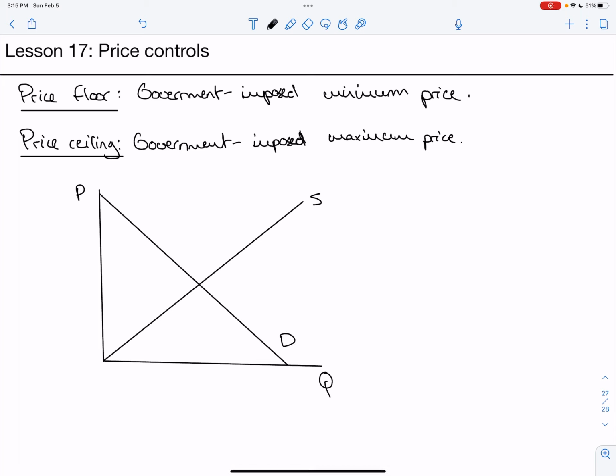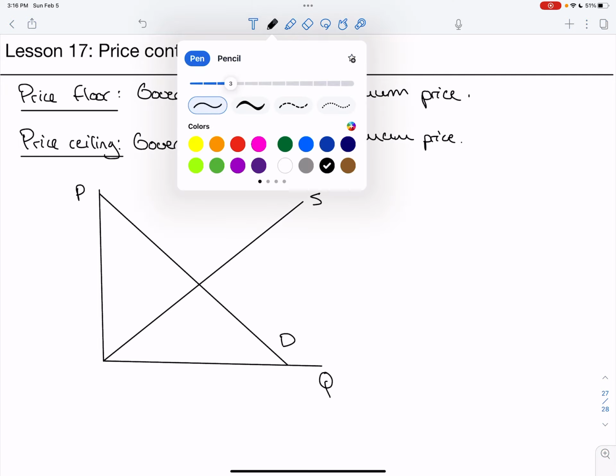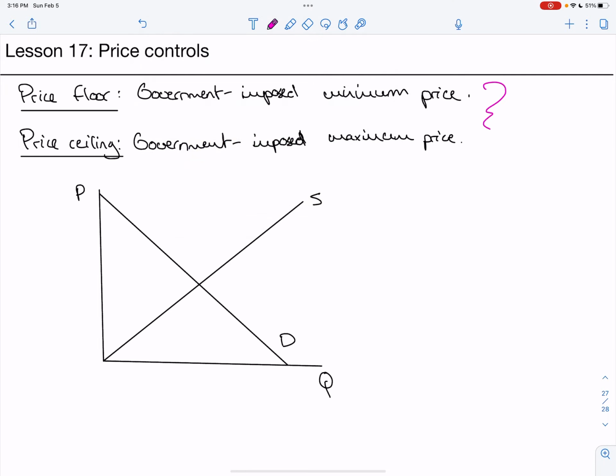As an aside, if you have not seen my previous videos on demand and on supply and on the determination of price, I would very, very highly recommend that you watch those first, okay? So before the imposition of any kind of price control, and I should mention, by the way, that these are price controls, okay?